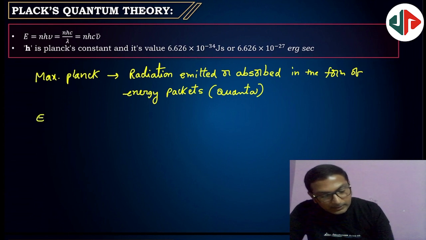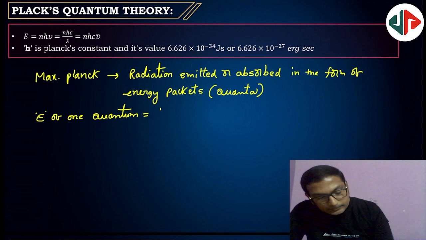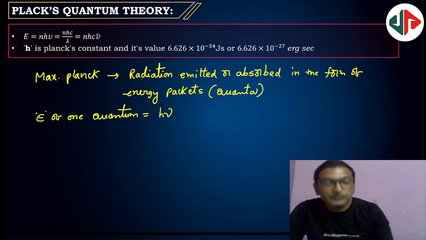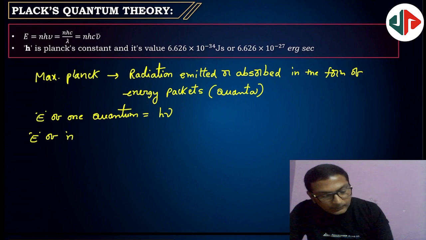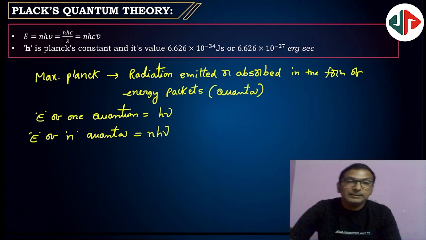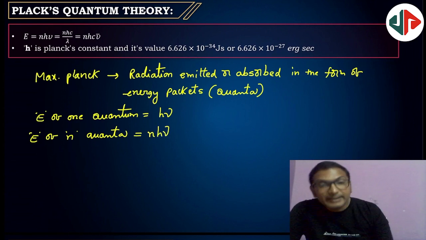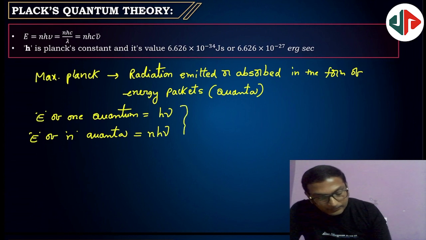So energy of one quantum is h nu, energy of n quanta, quanta means plural, n h nu. In case of light, you can write like this.